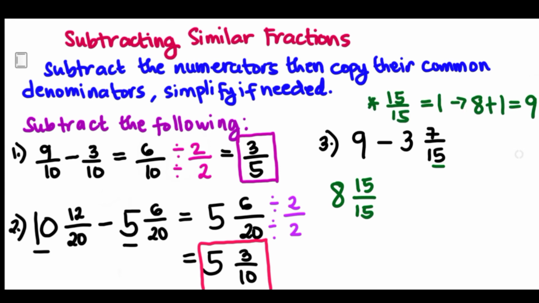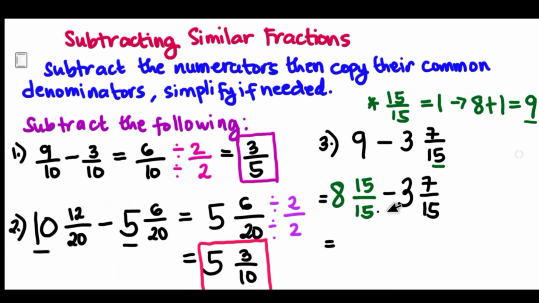So, we have to be reminded that 15 over 15 is equal to 1. So, ibig sabihin, 8 plus 1 is equal to 9. So, nire-write ko lang yung 9 as 8 and 15 over 15. So, wag po tayo malilito. Ba't ko po siya nire-write? Nire-write ko siya para meron tayong pagbabawasan nitong 7 over 15.